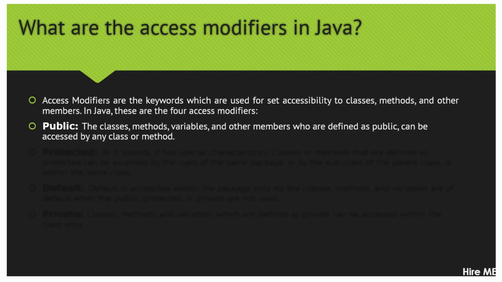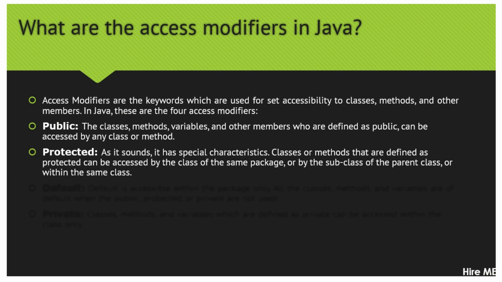The very first is public. Classes, methods, variables, and other members defined as public can be accessed by any class or method, that is, throughout the Java program. The second type is protected. As protected itself sounds, it has special characteristics.